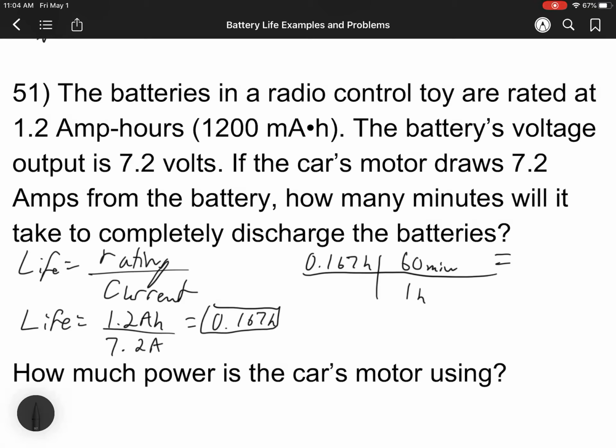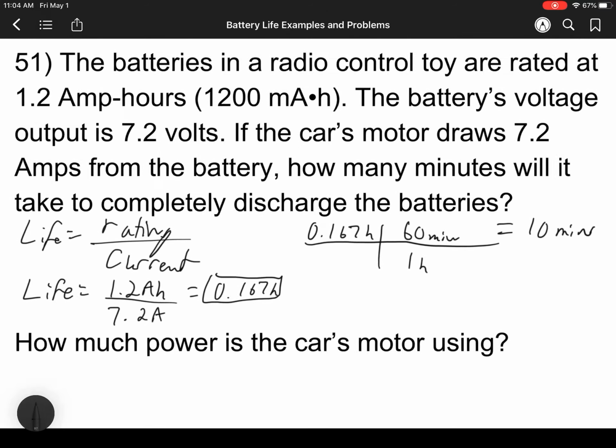I have to calculate that actually. Ha! 10 minutes. That's why it seems like your car's batteries ran out so soon.